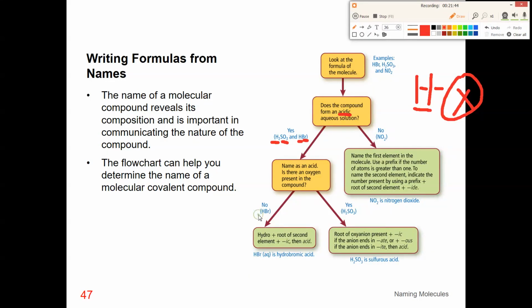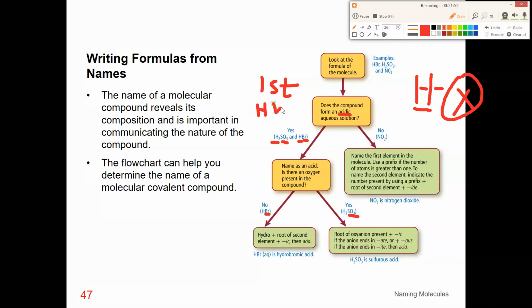Then you separate those parts. Basically, check whether the first element is hydrogen, yes or no. Then check the second part: is it polyatomic, with oxygen or not?